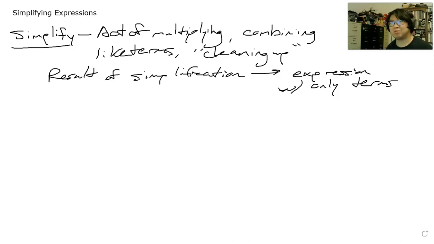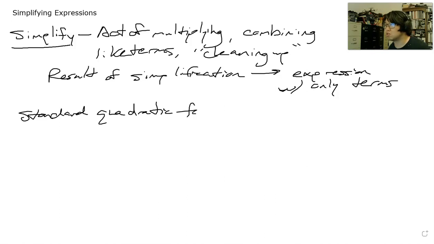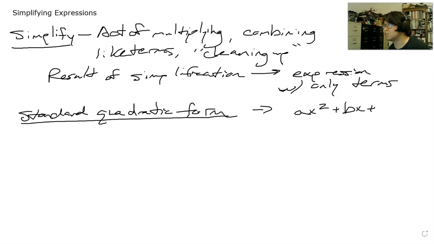That doesn't mean there can't be any multiplication. Let me give you an example of such an expression. We're going to talk about standard form quite a bit here, standard quadratic form. Standard quadratic form, of course, is ax squared plus bx plus c.